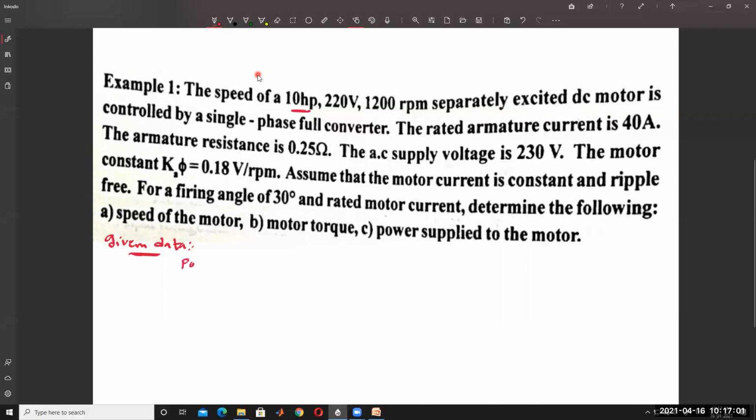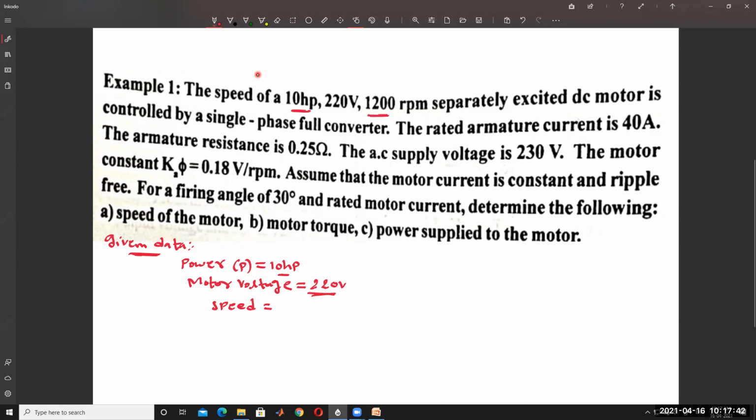Power is equal to 10 HP, and the motor voltage is 220 volts. Next, the speed is equal to 1200 RPM.